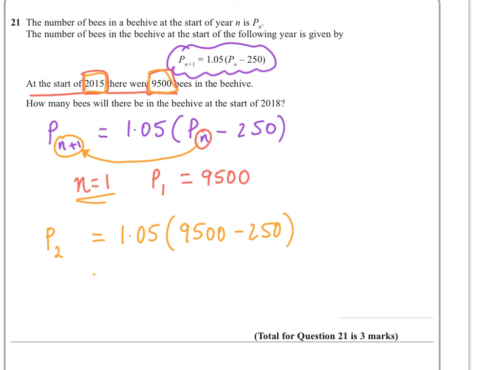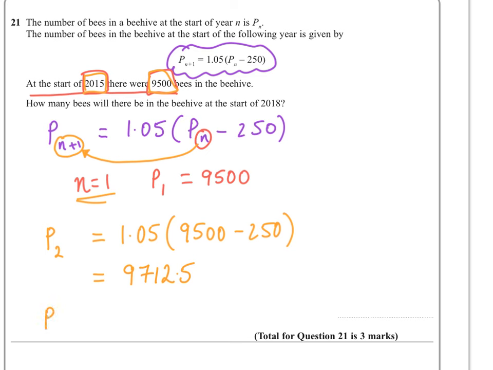Now we're going to use our calculator. I'm not going to do this by hand. And I get 9,712.5. Now, I don't know if you would think of that as 9,712.5 bees, but we know there wouldn't be half a bee necessarily. So we'll keep it as what it is, and we'll just try and find what there'd be for the next one.